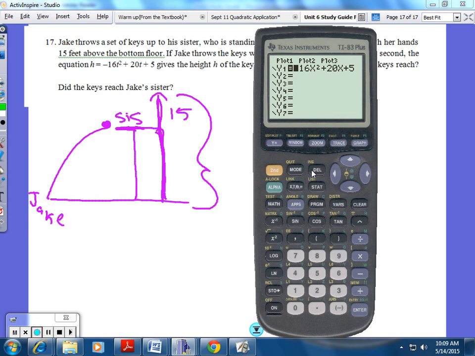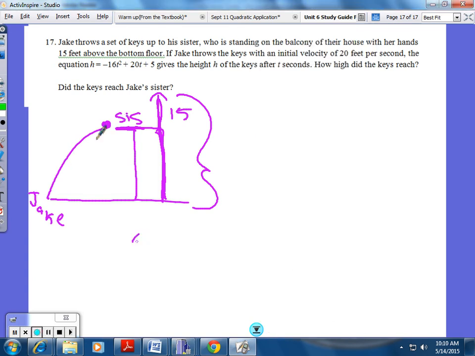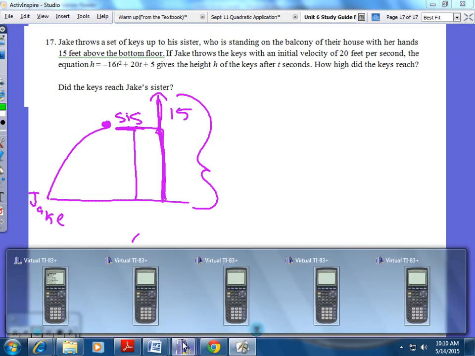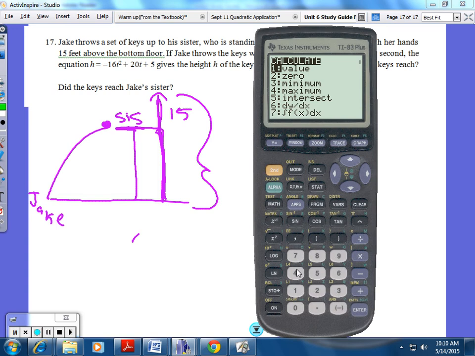And if we're trying to find the highest point, we're trying to find the vertex. Second, calculate. Is our vertex the highest point or the lowest point? It's the highest point. That's a maximum, as you can see from our picture. That's the highest point as far as where the keys go. So you get number 4, negative 10, positive 10.